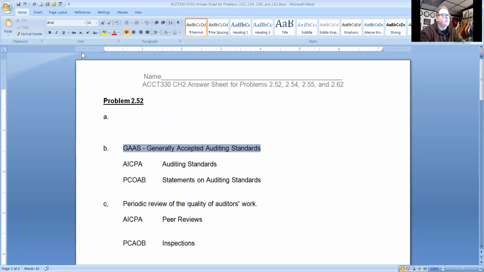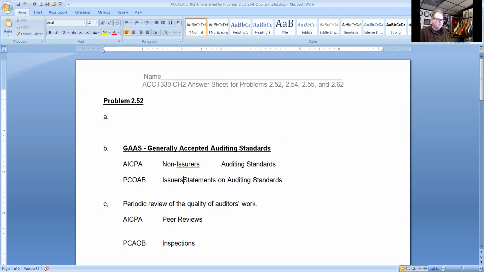So the AICPA for the B for the non-issuers, which most of you guys got. This is for the non-issuers. You guys probably spelled it correctly though. All right, and this would be for the issuers. So the generally accepted auditing standards, if you're doing it for the AICPA, it'll be called auditing standards. For the PCAOB, they'll be called statements on auditing standards.